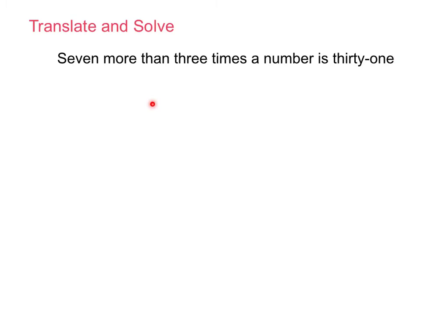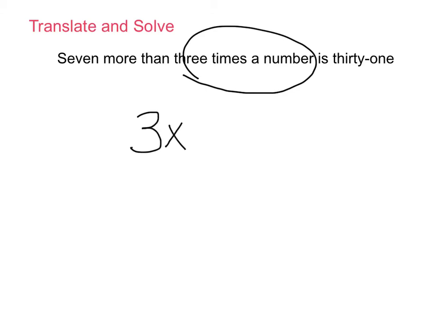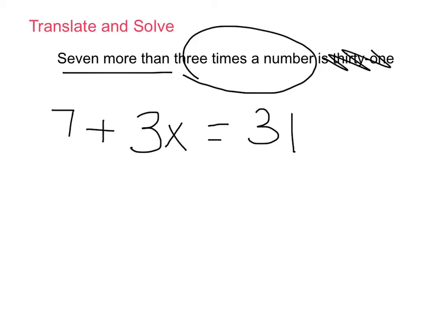Here we have 7 more than 3 times a number is 31. So we have 3 times a number, 3x, is 31, so that took care of that back part. Now 7 more than 3 times a number, well, we need to add 7. So our equation is 7 plus 3x equals 31. Now, let's solve for it.